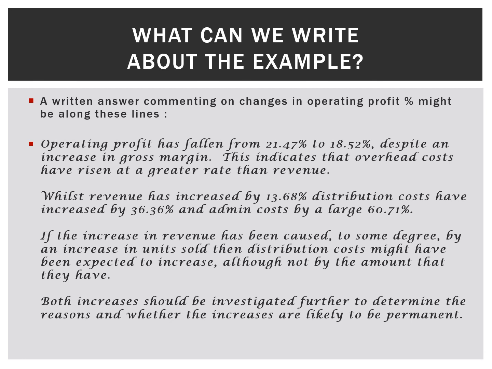We would expect the distribution costs to go up a bit, but then finally we need to say that both of those increases should be investigated to see, particularly for budgeting purposes, whether those increases are likely to be permanent in the future, to find out exactly why they have changed as much as they have.